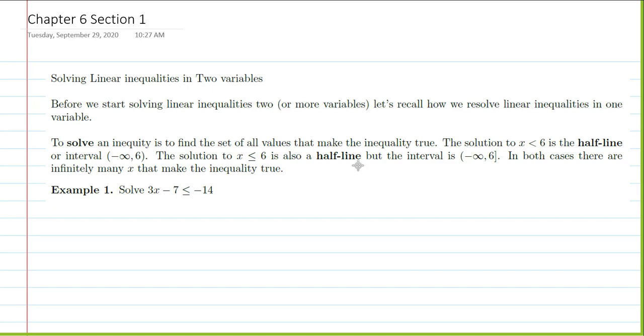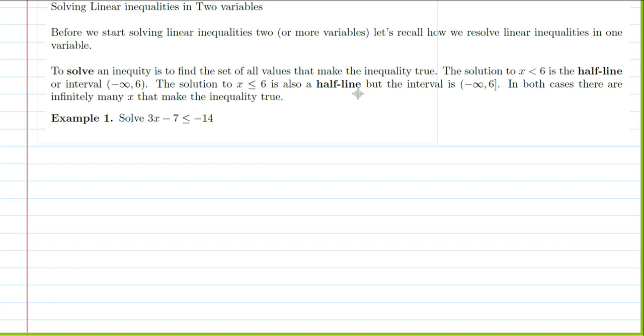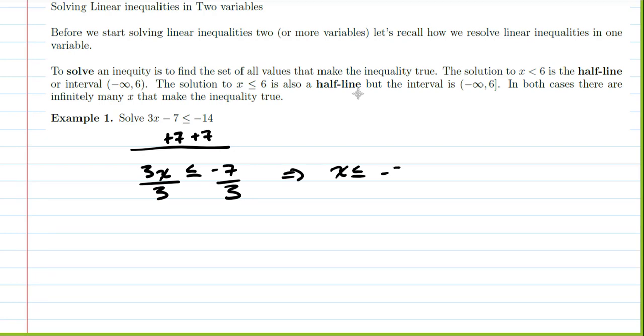To solve the inequality that we have here, we would solve it the same way we do a linear equation, which is we would get x by itself. So we would add 7 to both sides, and that gives us 3x is less than or equal to negative 7. We divide by 3 and divide by 3, and that gives us x is less than or equal to negative 7/3.